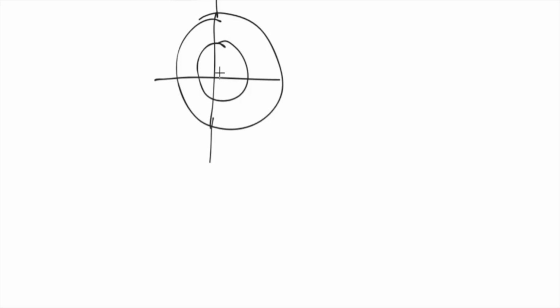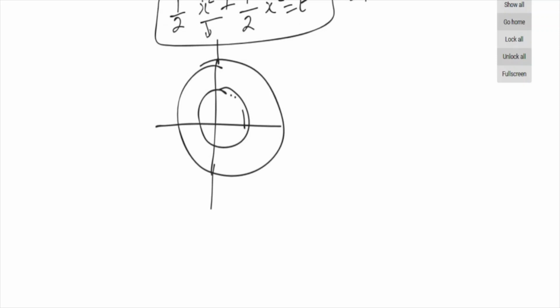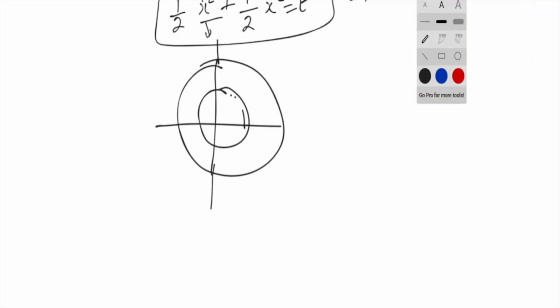It means that the particle is staying on orbits of constant energy. This is the constant energy. It means the particle is staying on the orbits of constant energy.